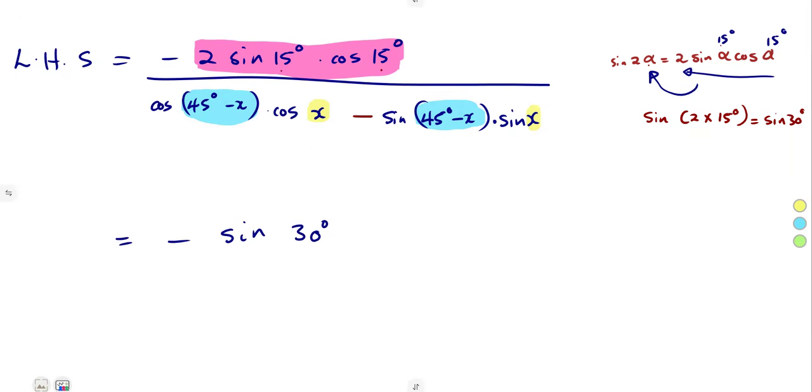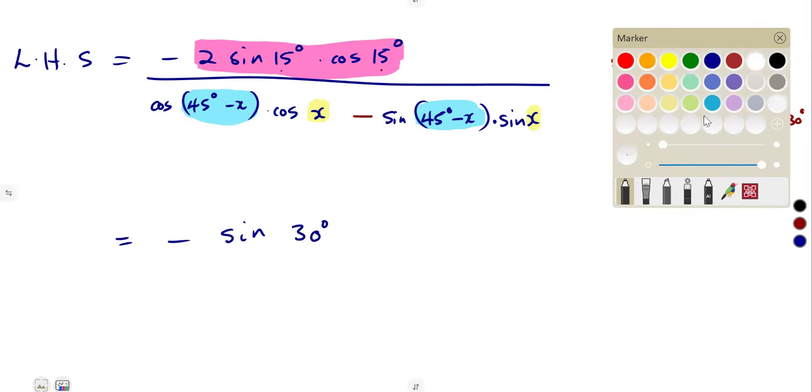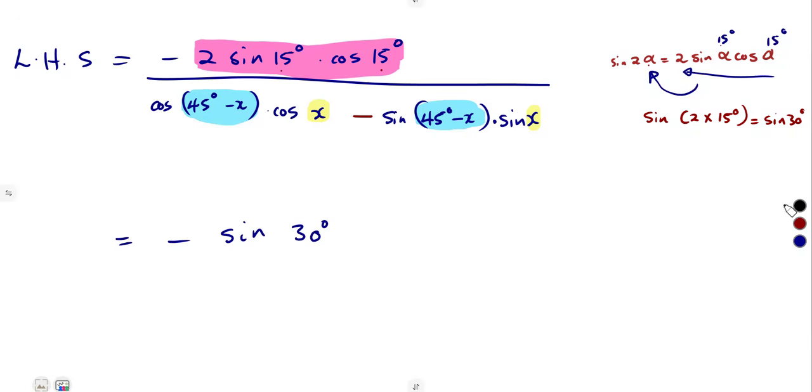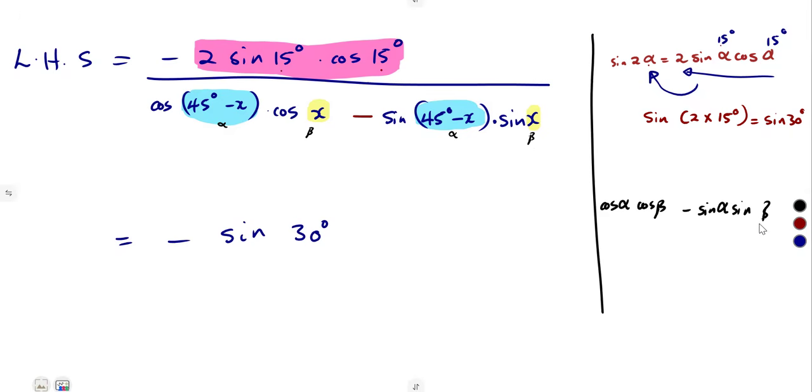Do we have something of that nature from our identities, where we take this one as alpha and this one as beta, because they are the same? Do we have something like that? Cos alpha cos beta minus sine alpha sine beta. Do we have that concept in our identities?